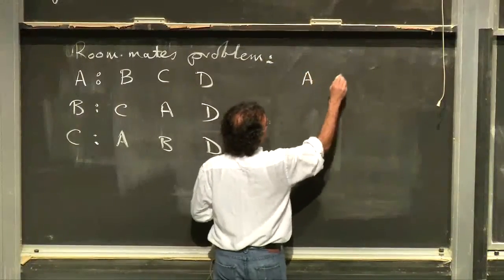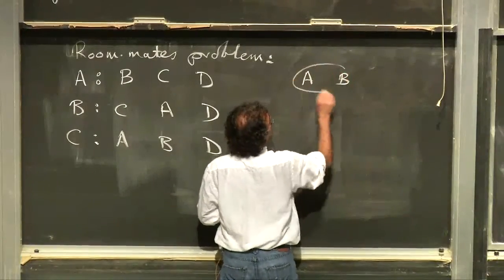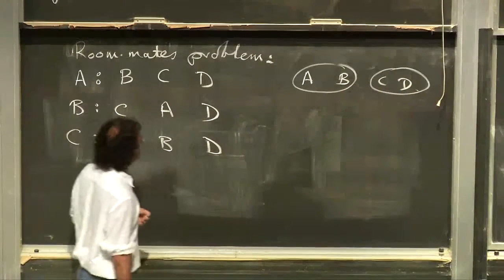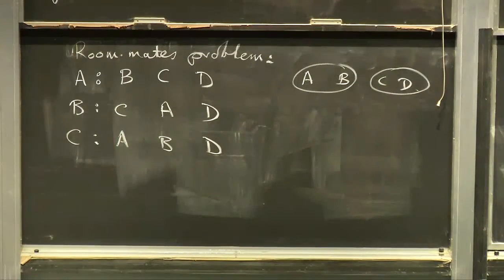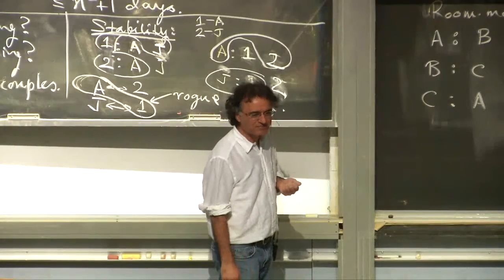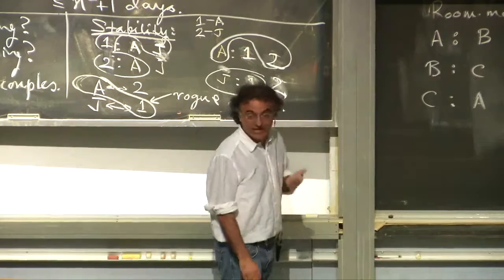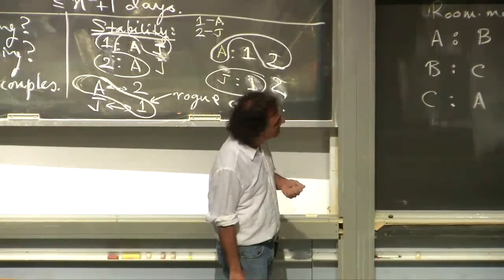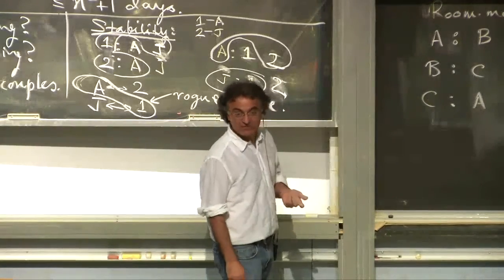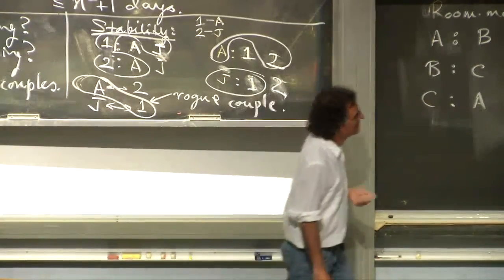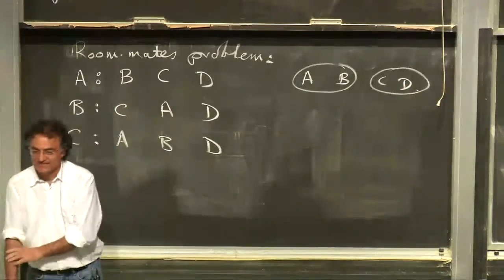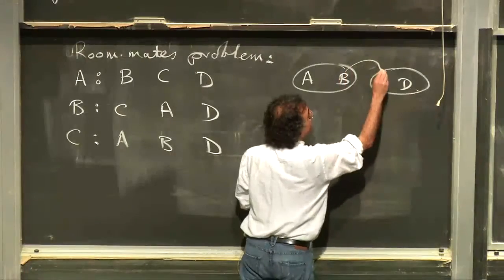Let's say you have A and B together, and you have C and D. Is this stable, or is there a rogue couple? A is pretty happy, A has his first choice, but B is looking around and saying, well, A is not bad, but C would be a much better roommate. And C says, look, get me out of there. So here you have your rogue couple.